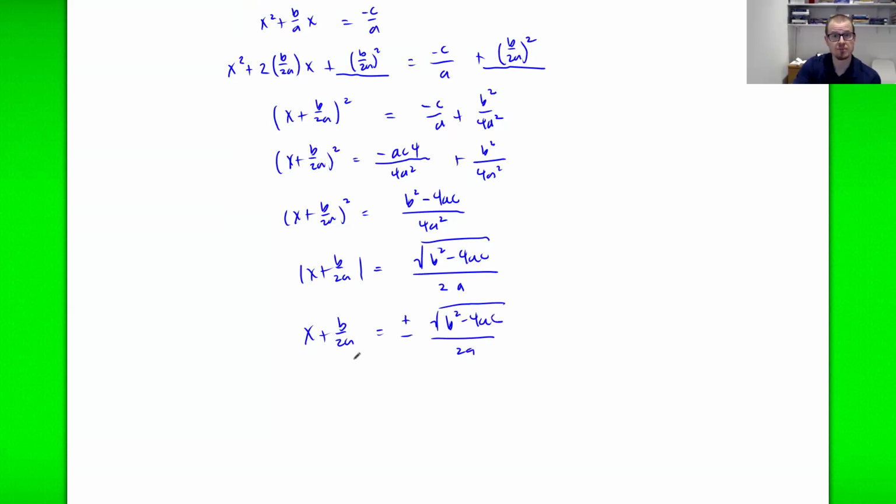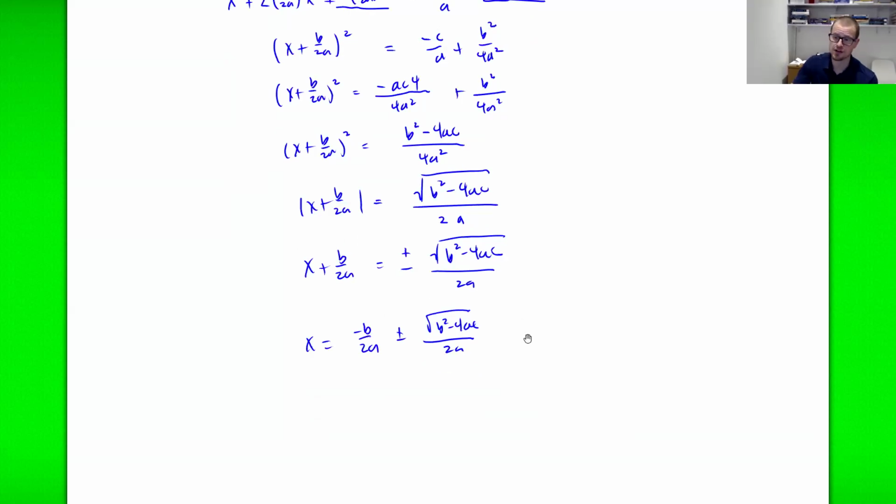I can subtract this from both sides to get x is equal to negative b over 2a plus or minus the square root of b squared minus 4ac all over 2 times a. But of course, we have a common denominator here, so we can write it as a single fraction. x is equal to negative b plus or minus the square root of b squared minus 4ac all over 2 times a.